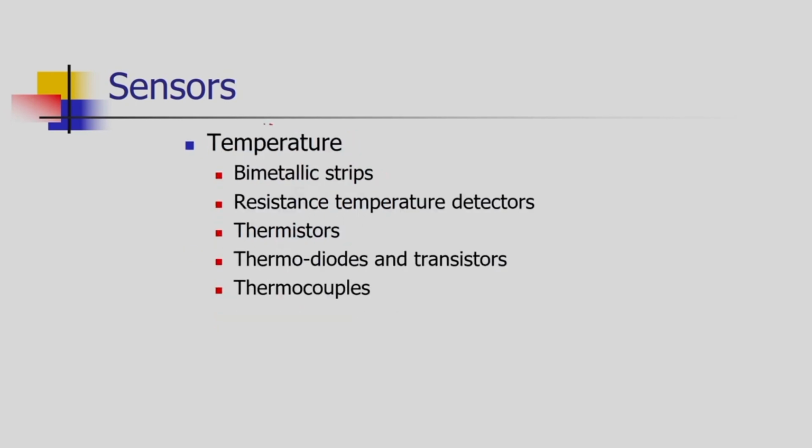Temperature is a very important parameter as far as process monitoring and control is concerned. Temperature indicates the health of the equipment as well. So, for that purpose, bimetallic strips, RTDs, that is resistance temperature detectors, thermistors, thermodiodes and transistors and thermocouples are used.